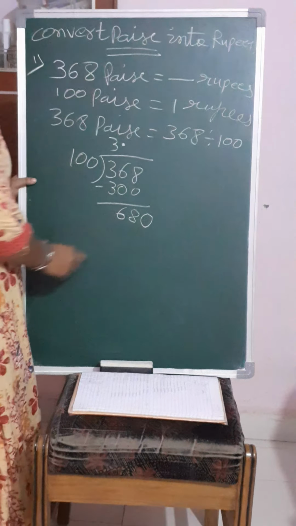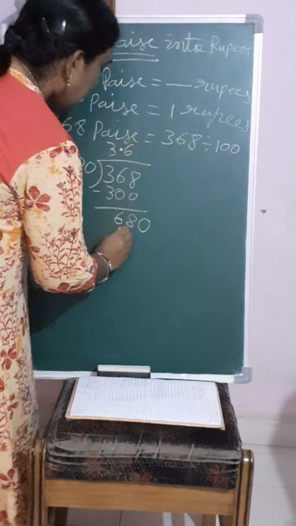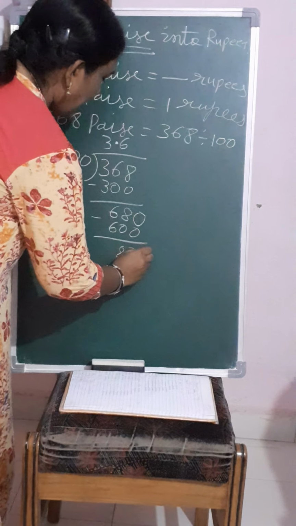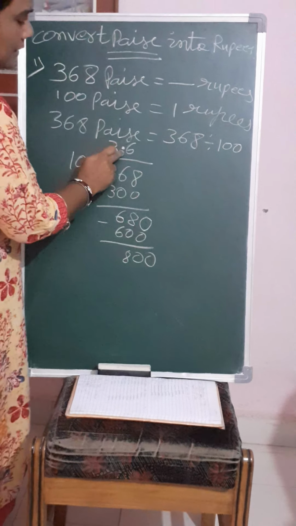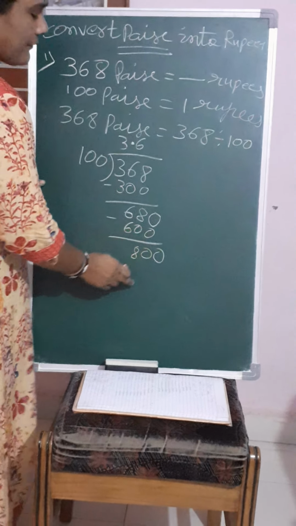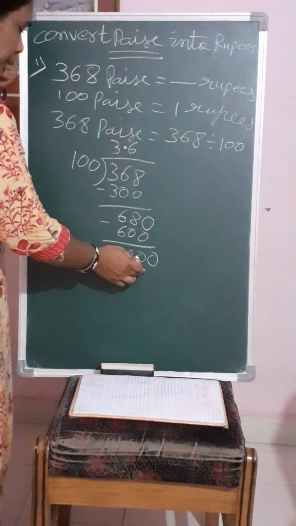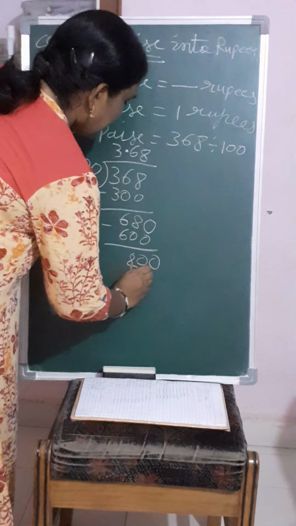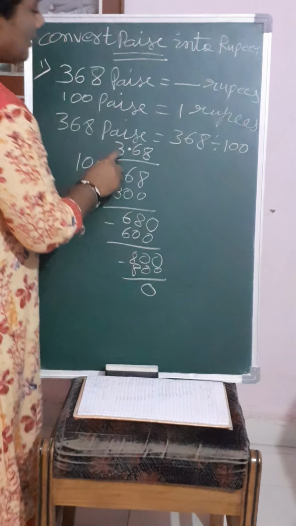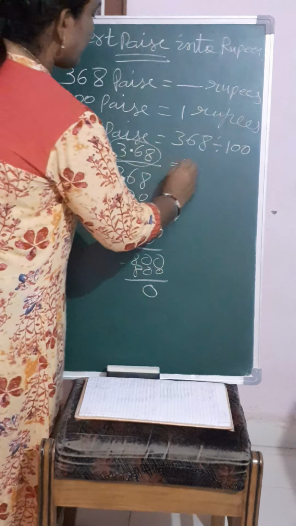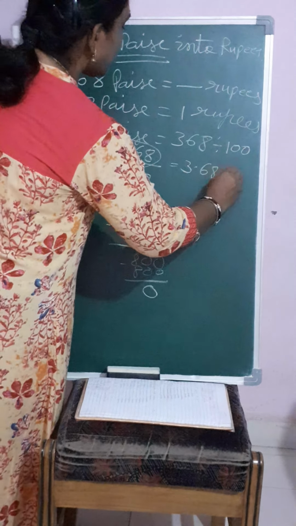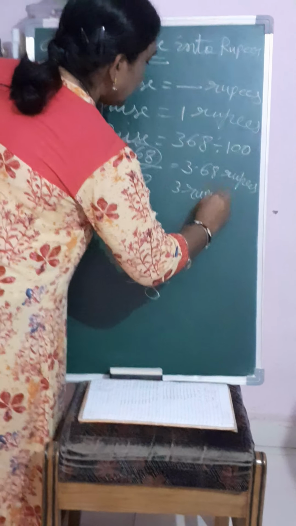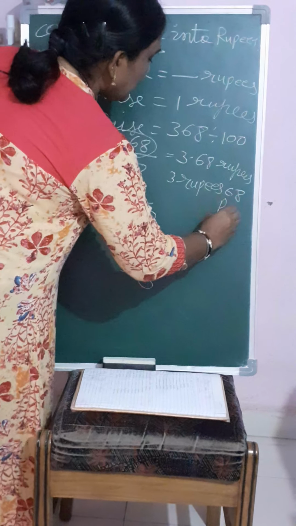So it becomes 680. 100 6s are 600. Now 0, 8. Now again, once we put the decimal point here, automatically 10 will come here. Till our remainder comes 0, automatically the 0 will come with the remainder. Okay. Now 100 8s are 800. So now your answer came: 3 rupees 68 paisa. So you can write 3.68 rupees, or you can write 3 rupees 68 paisa. Okay. Now understood, children?